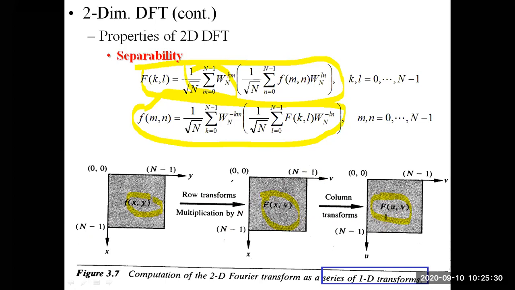Finally, you get the two-dimensional discrete Fourier transform. So this property is called two-dimensional discrete Fourier transform separability. Don't confuse, it is the same formula, but we are separating for rows and columns. Rows is one dimension, columns is another dimension. That is the only difference.